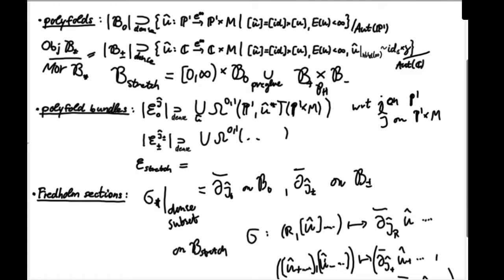So over this bit here, clearly I want the product of those bundles, and for the stretching I want the fibers to be exactly the same fibers that I have over B0. So I just want this as an extra parameter here. So I think this, strictly speaking, is: from B stretch I have a projection to B0, and I should pull back the bundle over B0 to B stretch.